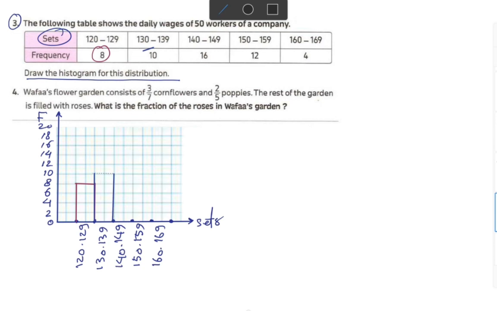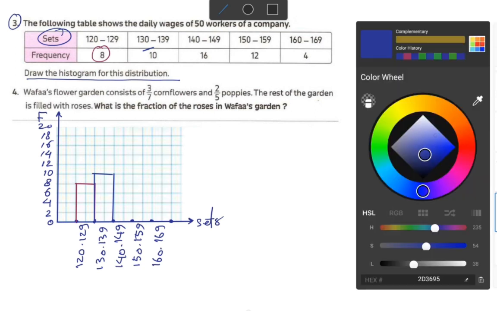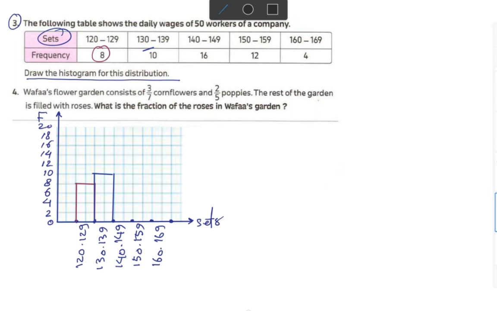Now close your rectangle. The third one has a frequency of 16. Where is 16? Here. The first line and second line. Now close the rectangle.